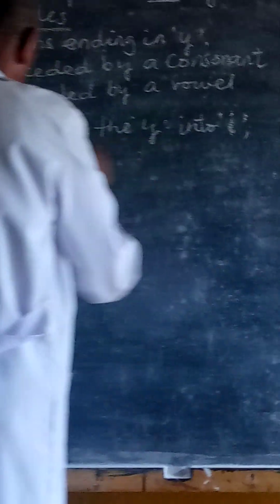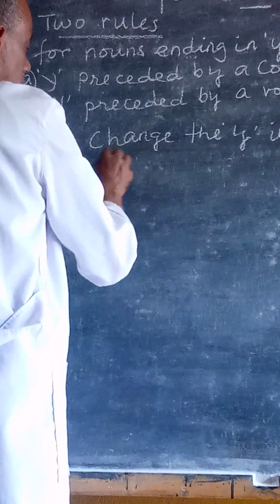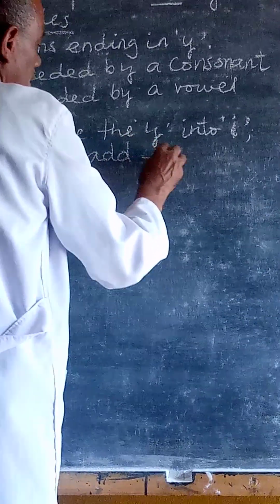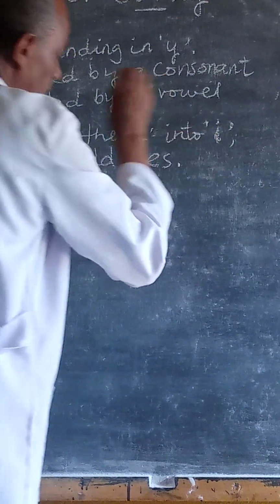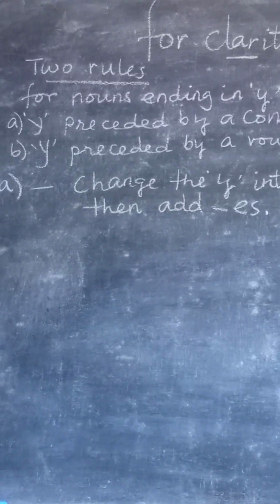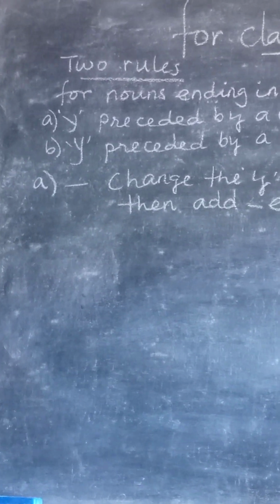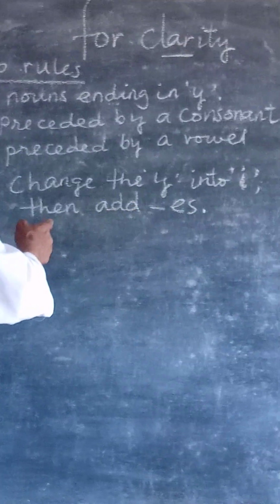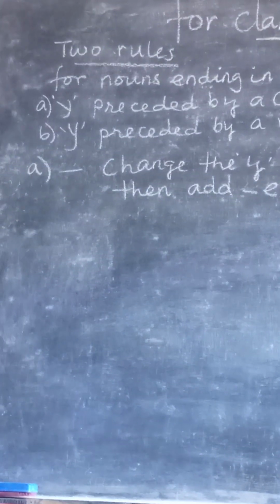Then, after changing the Y into I, add ES. This is a rule. When the Y is preceded by a consonant, you change the Y into I and then add ES.